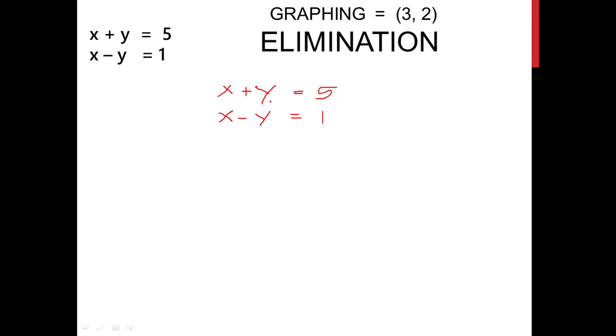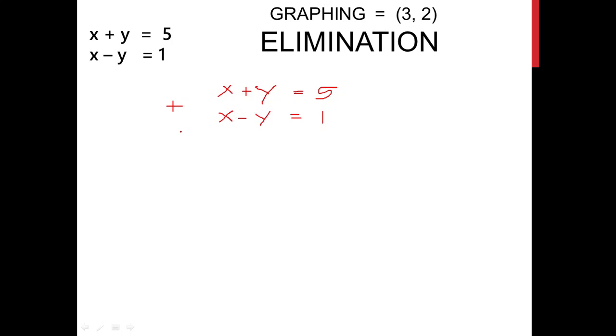From here, I want to eliminate the variable y. Why? Because here the variable y is positive and on the other side it is negative. So I can simply add the two equations directly.